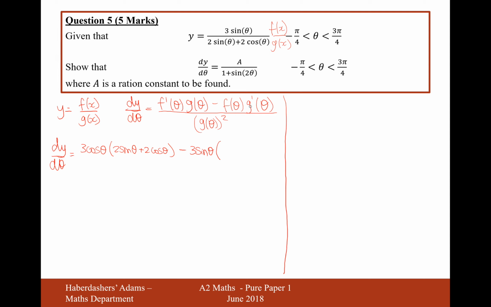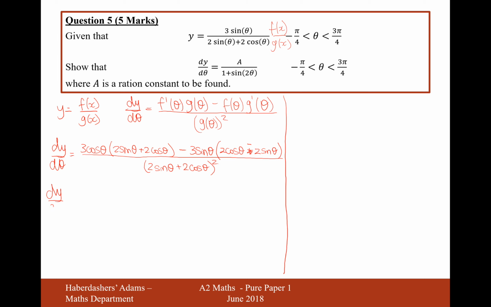And then we need to multiply that by the bottom function being differentiated. So sine differentiates to cos, so it's going to be 2 cos theta plus, and then cos differentiated is minus sine, so it's going to be minus 2 sine theta. And that's all going to be divided by the bottom function squared, 2 sine theta plus 2 cos theta, and that's all going to be squared.